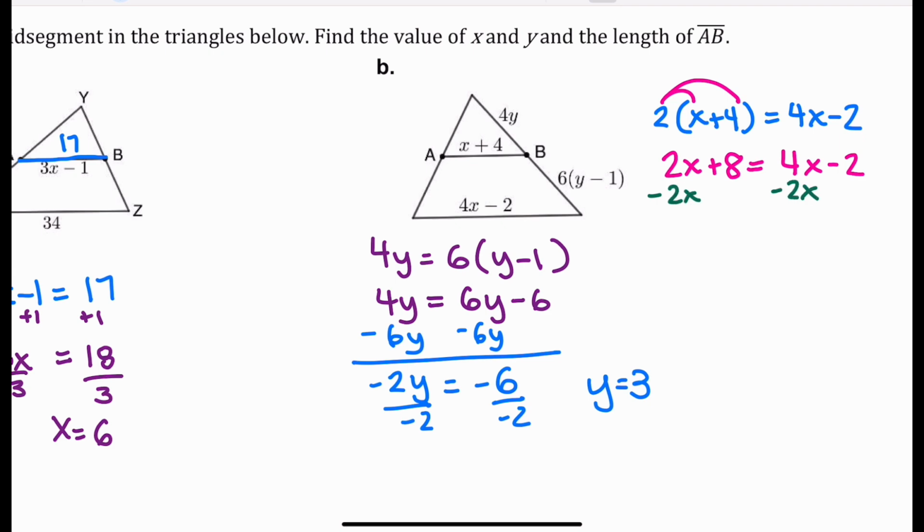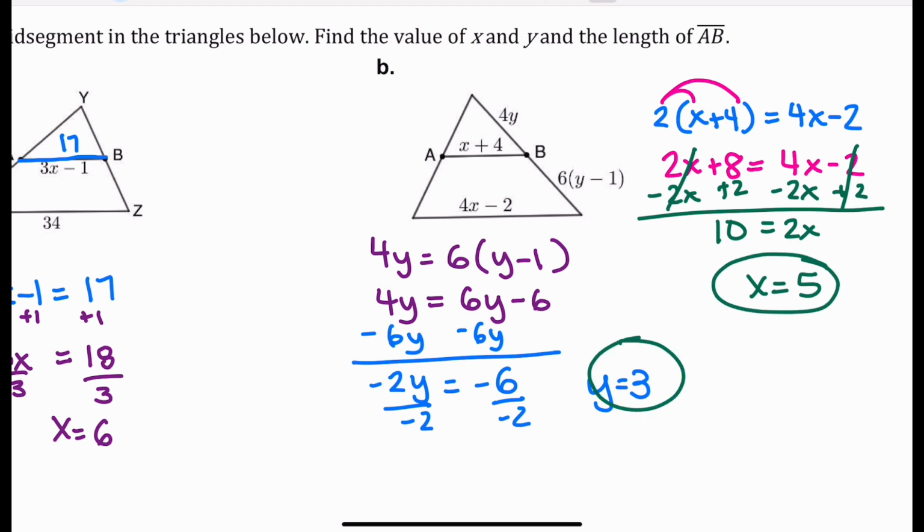At the same time, I want to get the numbers on the other side. So I'm going to add 2 as well to both sides of the equal sign. The 2's cancel and the 2x and minus 2x cancel. I get 10 equals 2x. Divide both sides by 2, and I'm going to have x equals 5. 2 times 5 is 10. So those are going to be the two lengths.